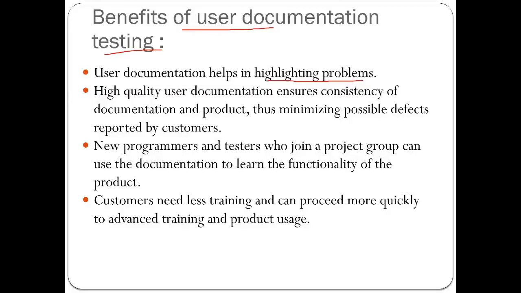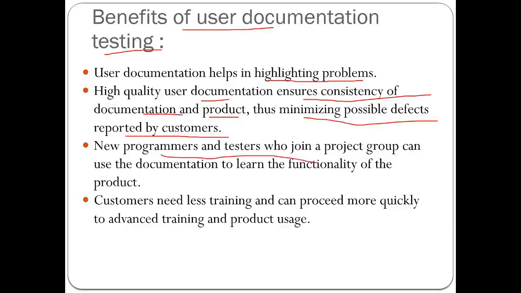High quality user documentation ensures consistency of documentation and product, thus minimizing possible defects reported by customers. There must be consistency between the documentation and the product so that it minimizes defects, which would mostly be reported by the customers.